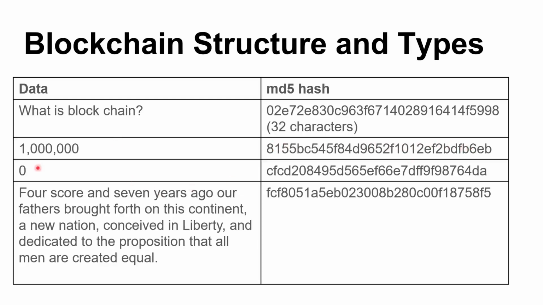We can see it here. A 0 hashes also to 32 characters. And this paragraph also hashes to 32 characters. So this is the MD5 hash. Again, different hash algorithms will have different outputs, but they will all follow the same rules: they take an input and create an output of fixed length.